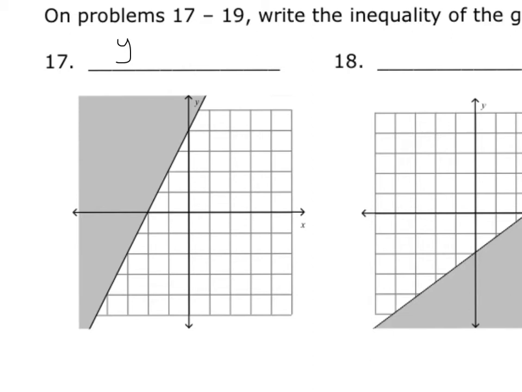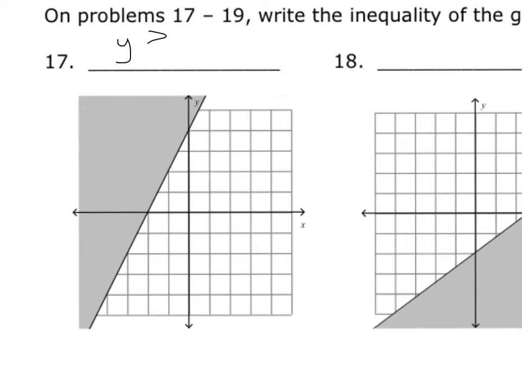So I look at how it's shaded. So if this is my line, and I'm looking at the shaded area, are the values of y greater than that line or are they less than the line? Well, obviously we're moving up into the shaded area, so those numbers are becoming greater. So y is greater than.